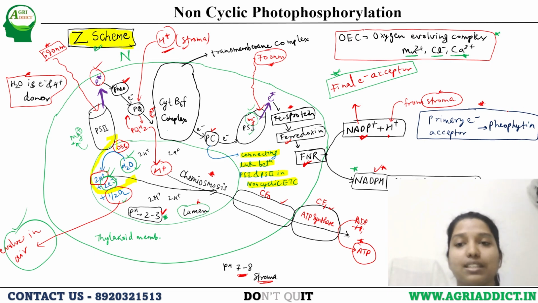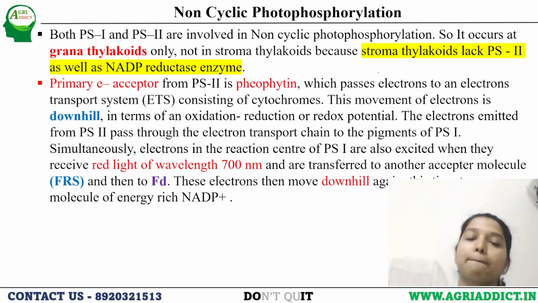If the pheophytin option is given, then the primary electron acceptor is pheophytin, the correct answer. But if pheophytin is not among the four options, then go for plastoquinone. Okay, let's move to the next slide.